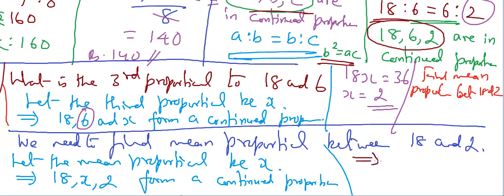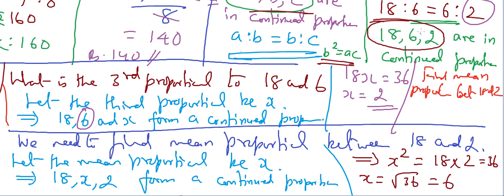So the square of the middle one is equal to the product of the other two. Which means x square equals 18 into 2, which is equal to 36. x square is 36, so x is equal to the square root of 36, which is equal to 6. So we get the middle one.